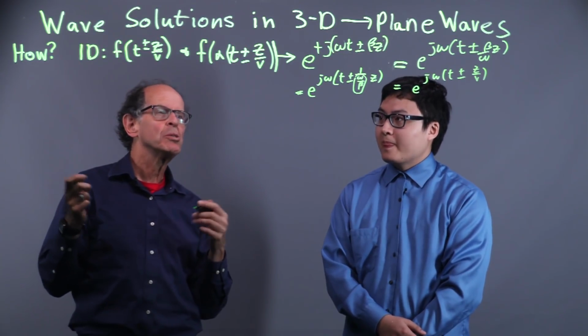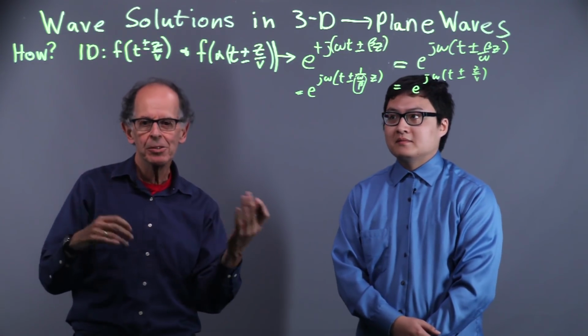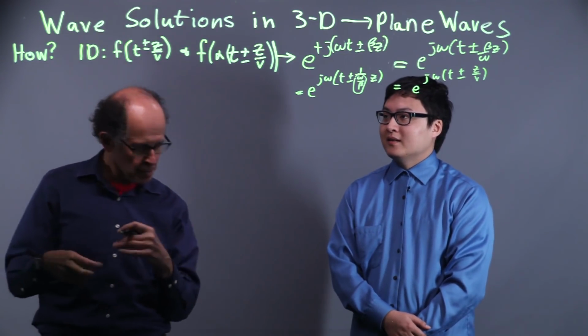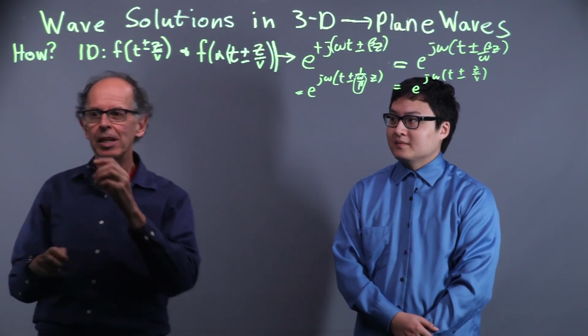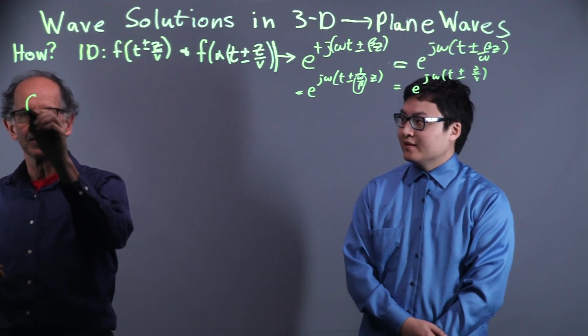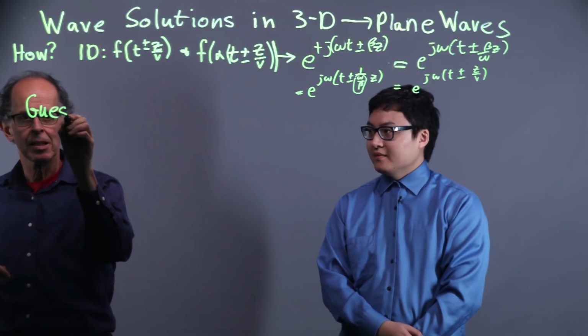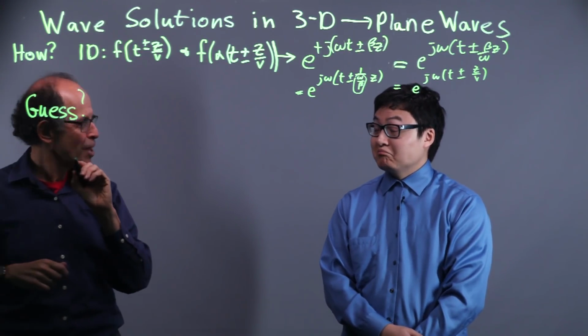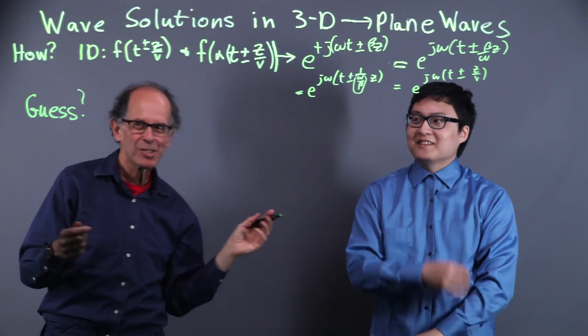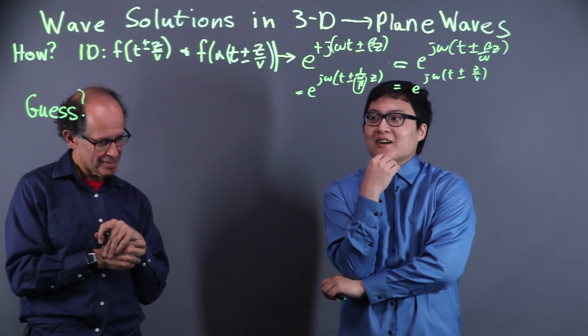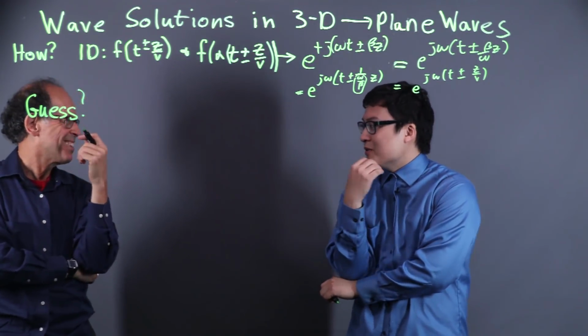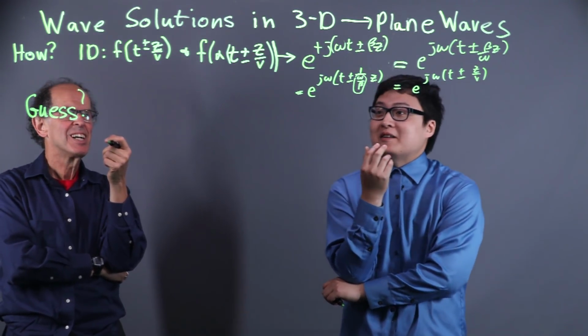What are we going to do in 2D and in 3D? If we could do 3D, we do 2D, so we might as well do 3D. So let's have a guess. Sam, how about a guess? Sure, let's go with a very straightforward guess.